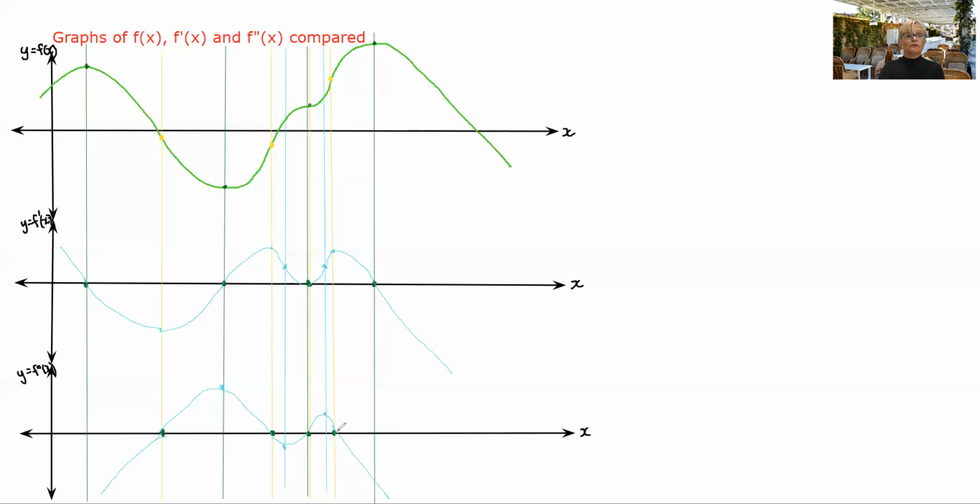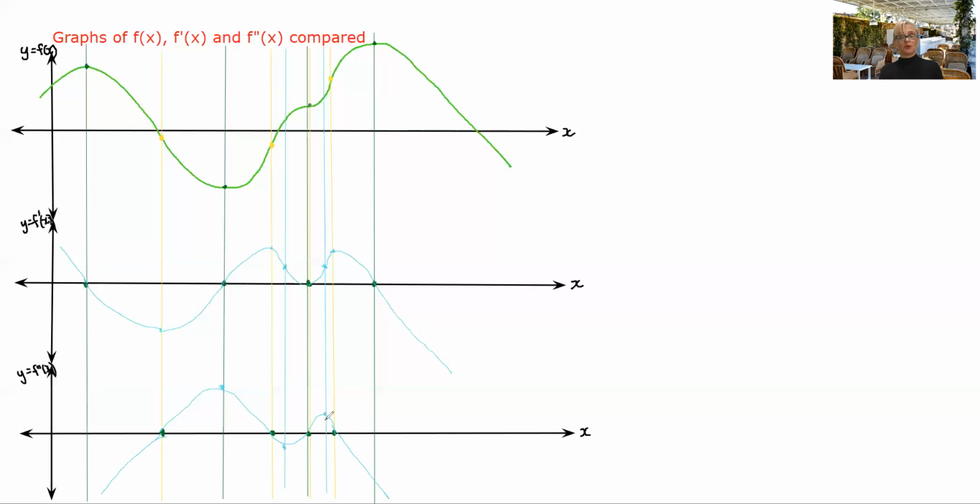Where you have an oblique point of inflection, or any point of inflection in your original function, will be a turning point in your derivative, and that of course becomes your 0 second derivative there. And whenever you have a point of inflection in your first derivative, you have a turning point in your second derivative. I think that's kind of cool.